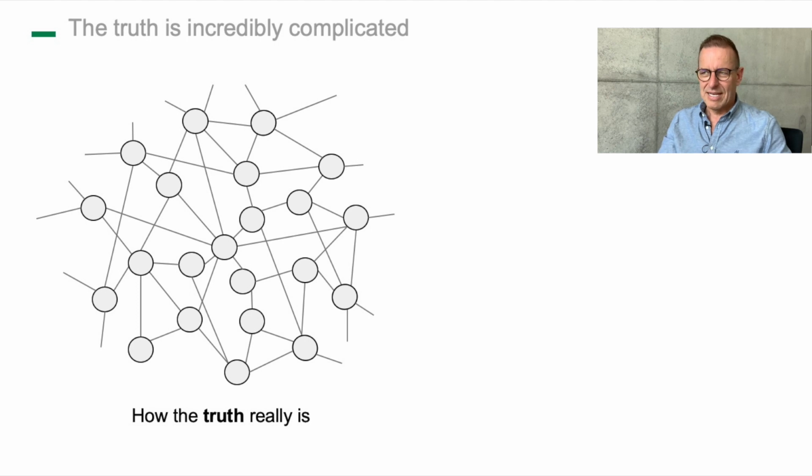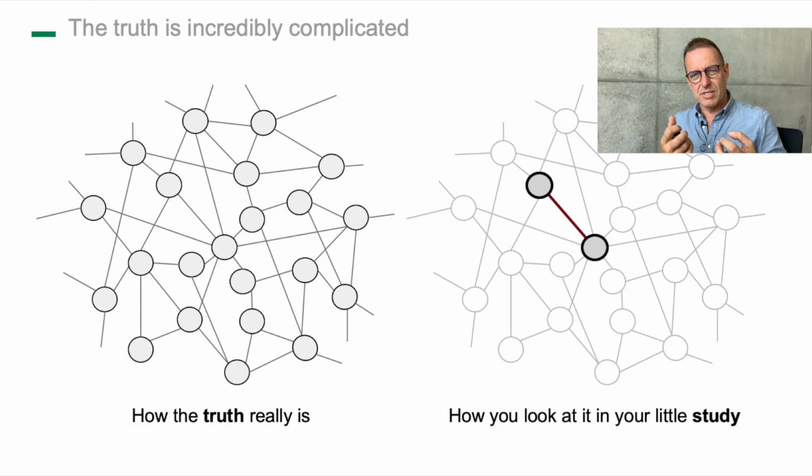So it's a kind of network, right? Okay. But what you very often do in your little study is pick out two variables out of this complex thing, and then you just look at the correlation between these two variables, and then you might find a high correlation and say, oh yes, now I know that this affects the other. No, probably it does not.